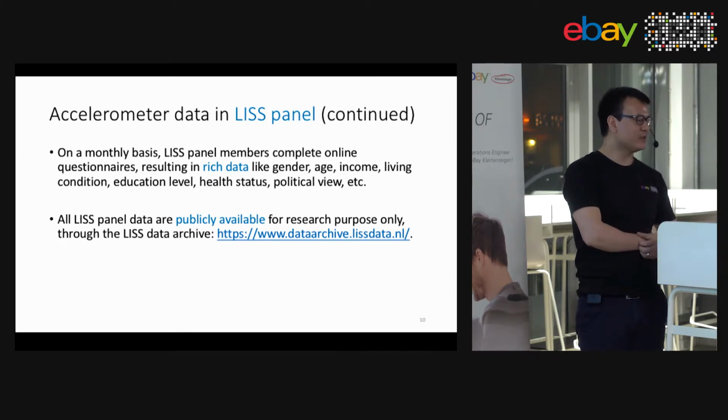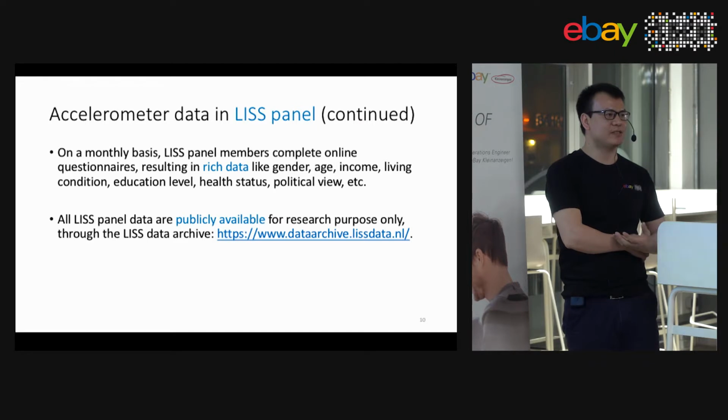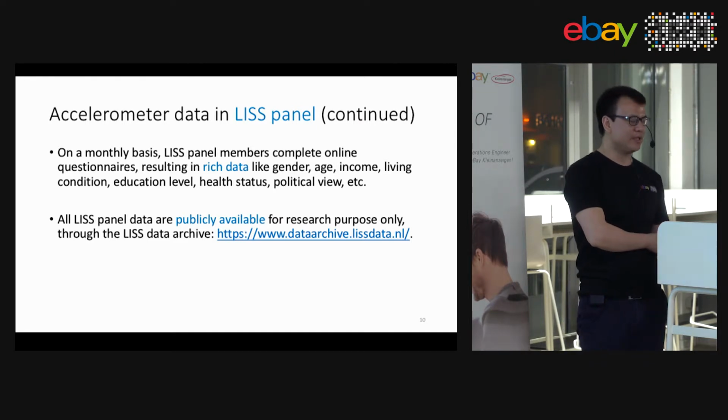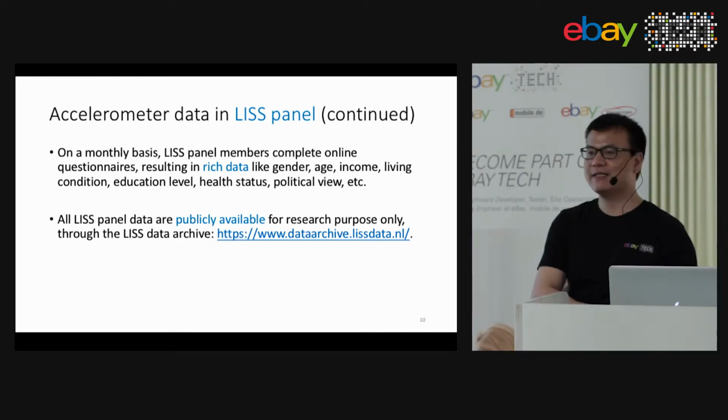You can see it contains rich data like gender, age, income, living conditions, almost any aspect of social science that you can imagine. And they collect this data on a monthly basis. It has been collected for about 1 decade.